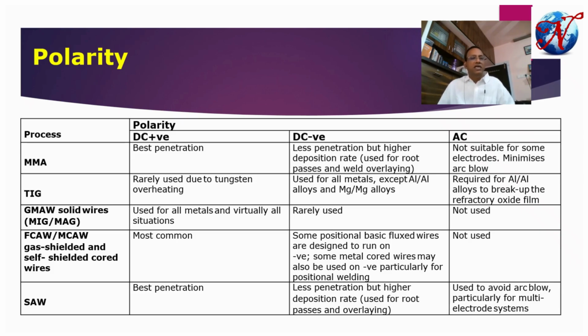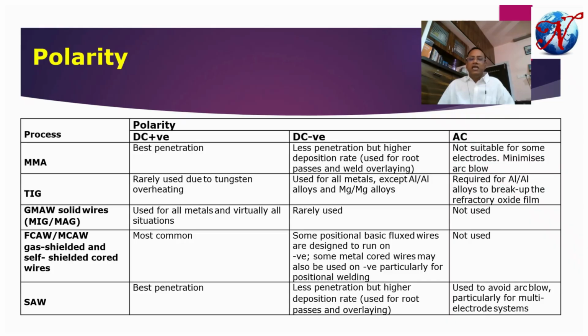In the case of the TIG welding process, direct current electrode positive is rarely used. We do not use it because the tungsten electrode will be overheated, and there is a possibility of melting of the tungsten electrode, and tungsten inclusion will be a welding defect.